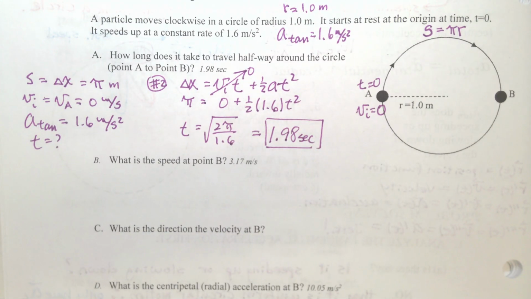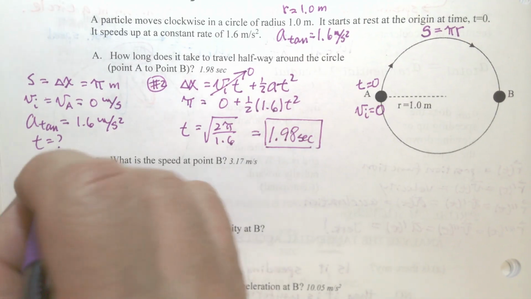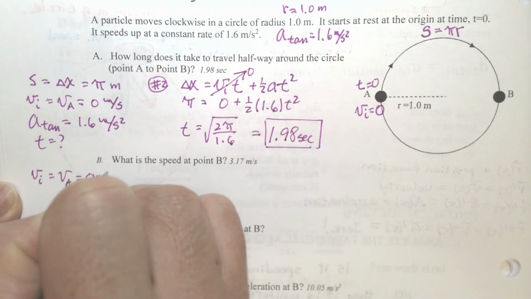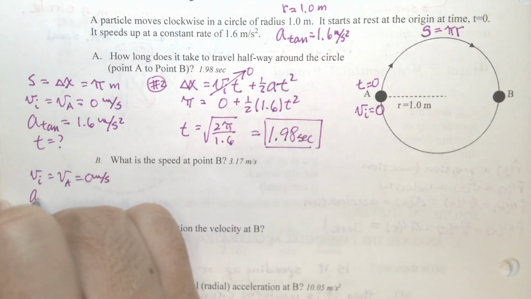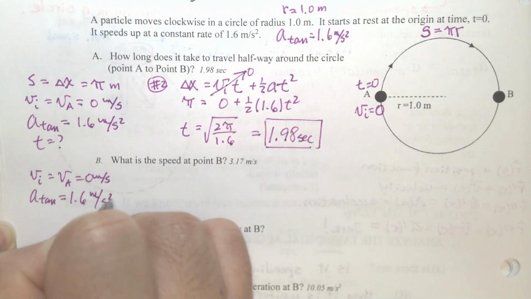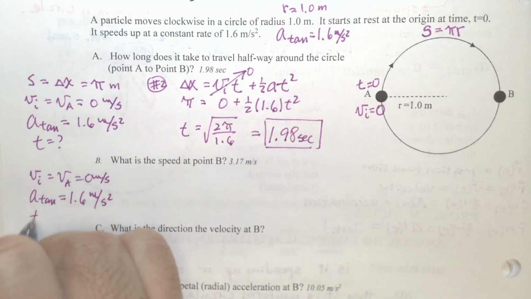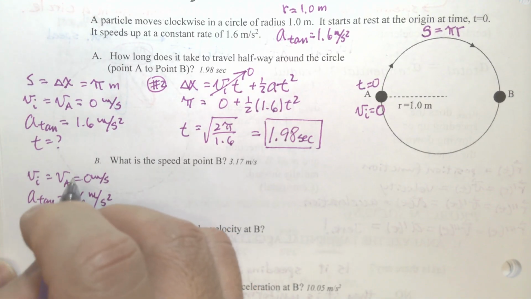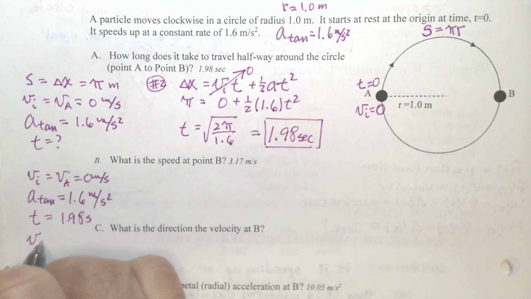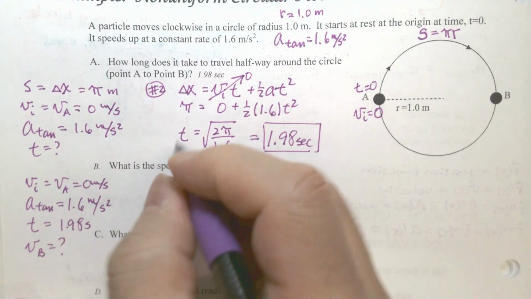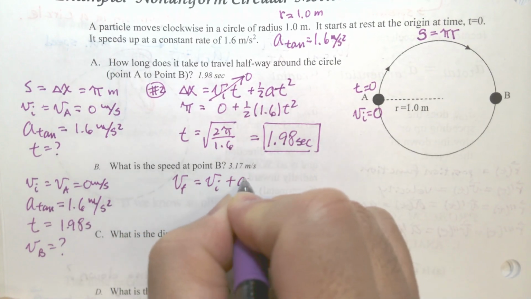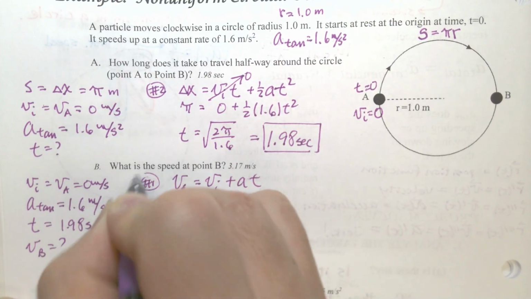Now they ask, what is the speed at point B? Well, we know a lot of things. We know V initial, which is VA, is 0 meters per second. We also know A tangential is 1.6 meters per second squared. We also know the time it takes to go from A to B, which is 1.98 seconds, and I'm looking for V at B. So that's simply VF equals VI plus at, which is equation number 1.